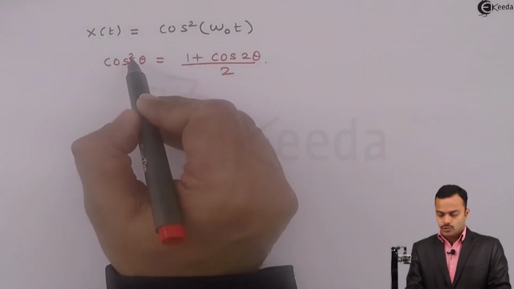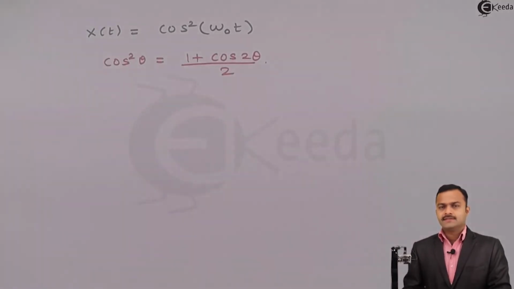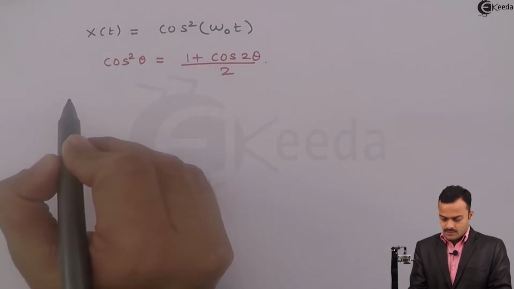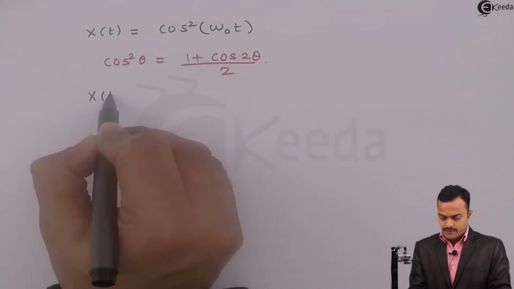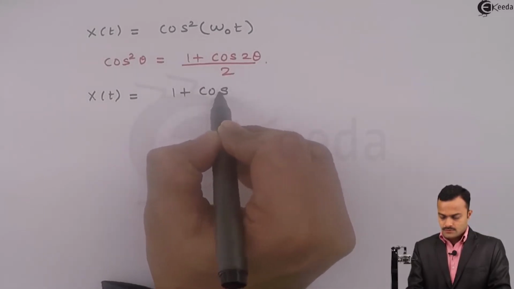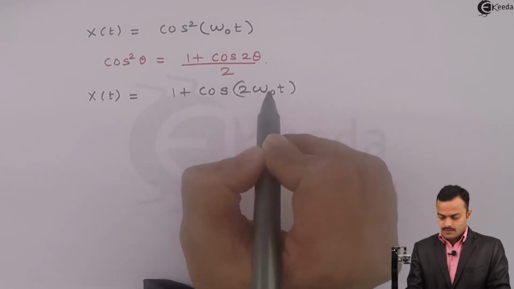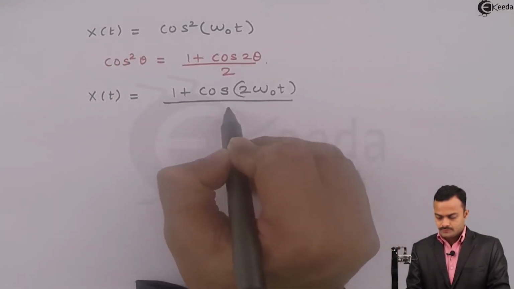Converting degree 2 to degree 1 so that further analysis will become easy. Let's see how. So x of t, I will get 1 plus cos 2 omega 0 t, whole divided by 2.